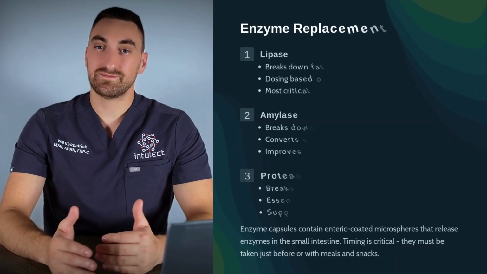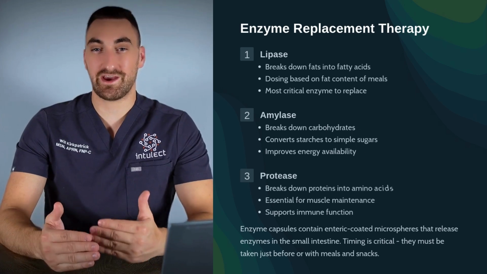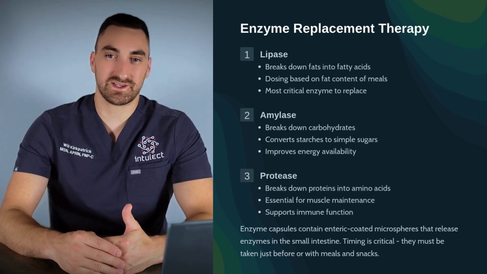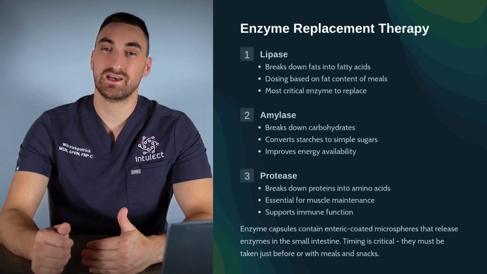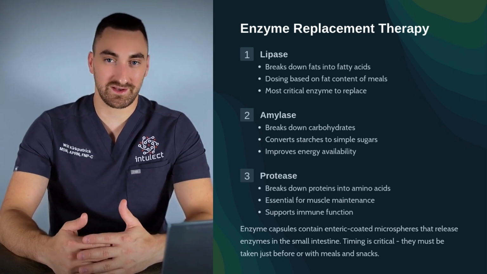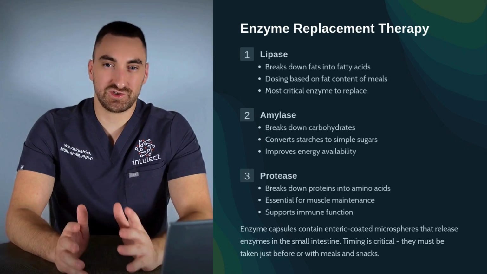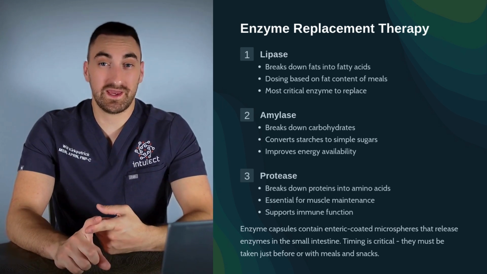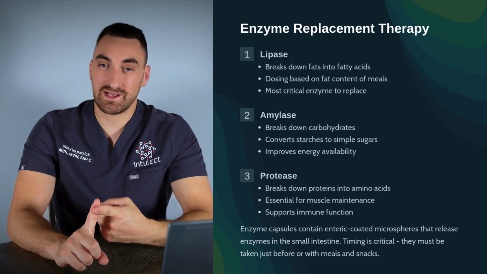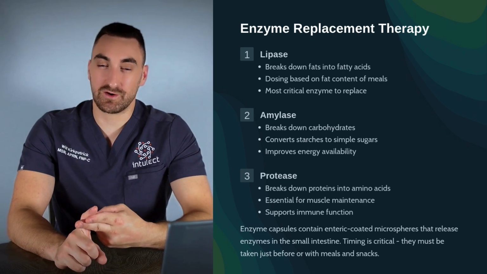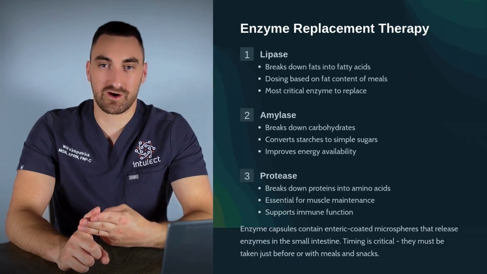Now, along with that, you're going to be supplementing pancreatic enzymes. Once again, since there is a decreased ability to excrete those pancreatic enzymes ourselves with the pancreas, we're going to supplement with the pancreatic enzymes. Now, the pancreatic enzymes usually include all three, which is your lipase, amylase, and protease. Your lipase being your fats, your protease being your protein, and your amylase being your carbohydrates.